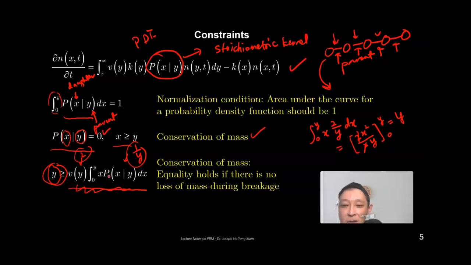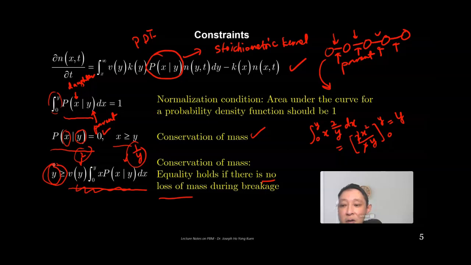So this inequality holds. If there is no loss of mass, that means that when your particle is breaking, there is no reaction that sucks up the mass from the system, and everything is purely by breakage. There's no reaction that converts the particle into something else, or eats them up. And we know that for such a pure breakage system, the mass should be conserved.